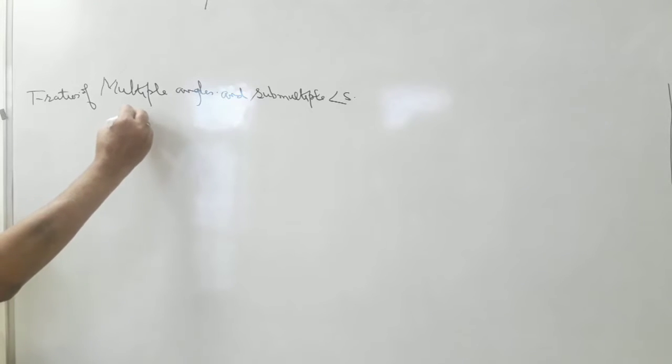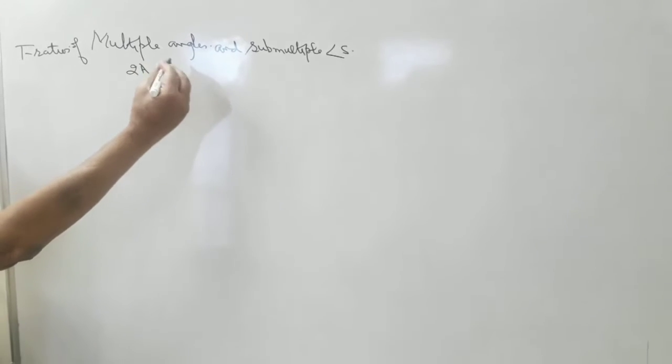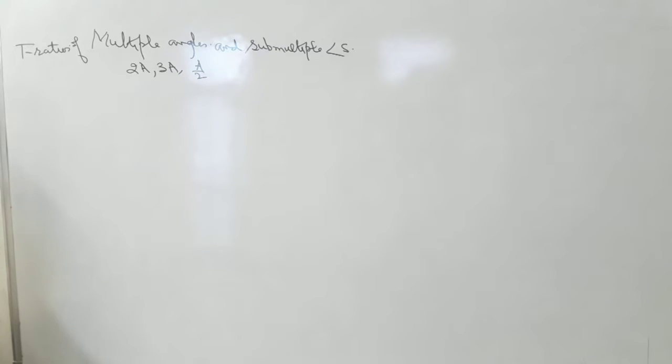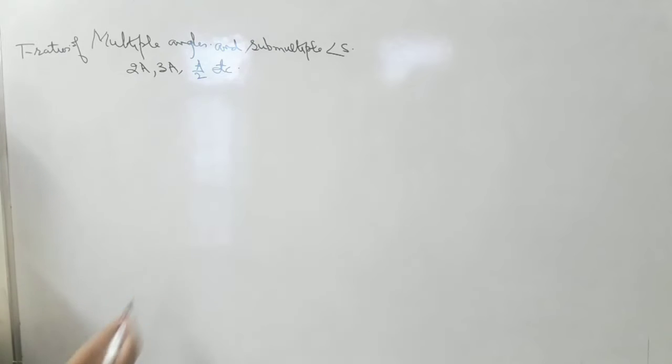The multiple angles are like 2A, 3A, or submultiple angles like A by 2, that is, A in terms of A by 2. So first of all, note down the list of the results we use here.